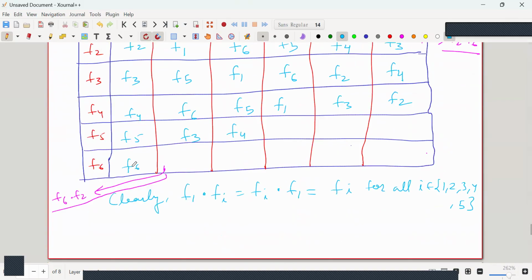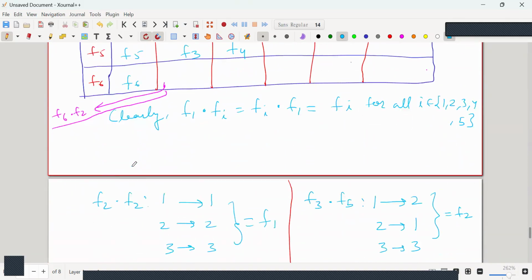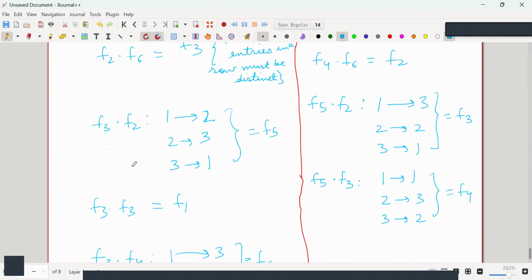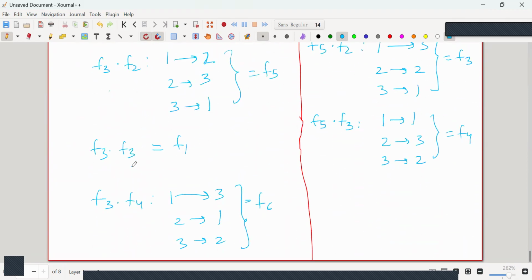Okay, so here comes F4. What is F5 composed with F4? F4 maps 2 to 3, and F5 maps 3 to 1. So who will be mapped to 1? Oh sorry, we should start from 1.